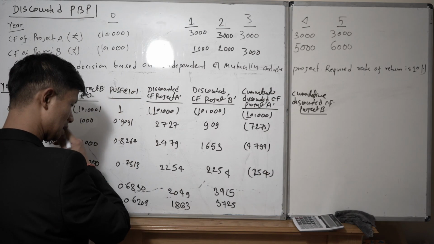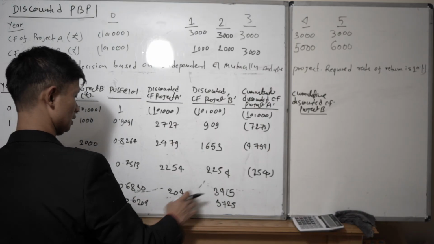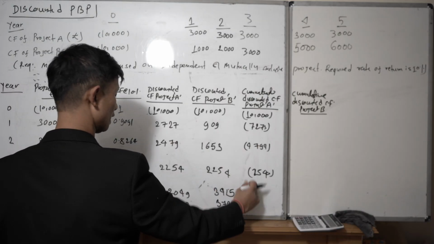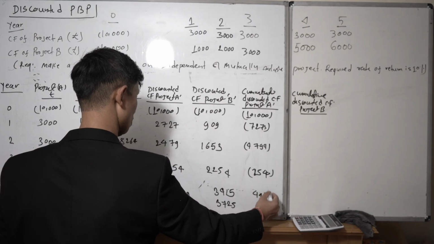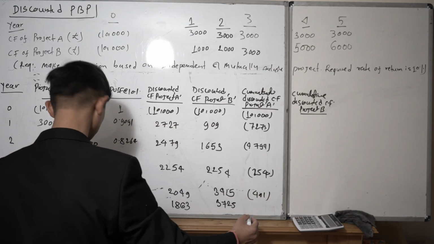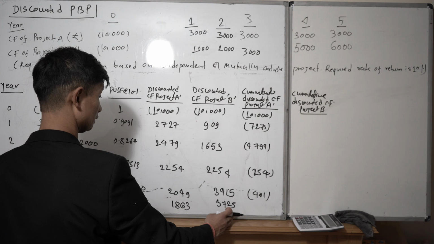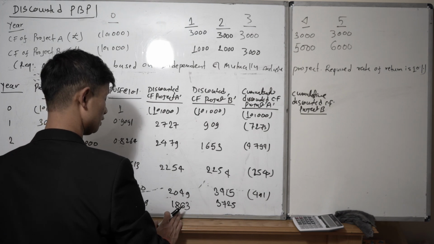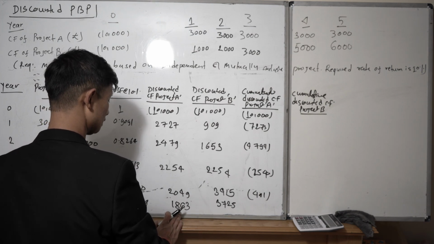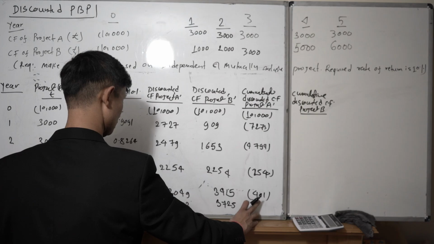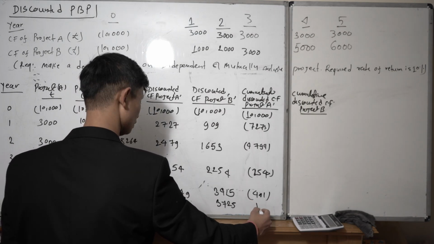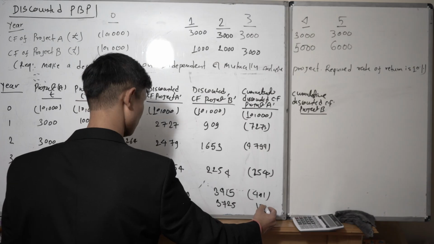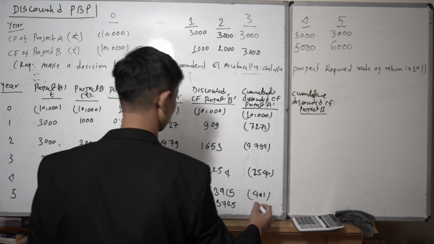Then let's deduct 2049 from 2540, we get minus 491, still minus. And lastly, we deduct 1863 from 491, so this time 1372, the value is positive.